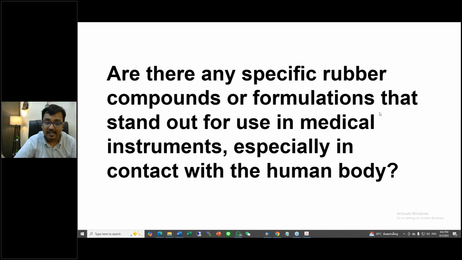The second thing is natural rubber, which can also be looked into, because natural rubber is also biocompatible, although it brings in irritation in some cases. But natural rubber is also something which can be very well utilized for this application while in contact with the human body.